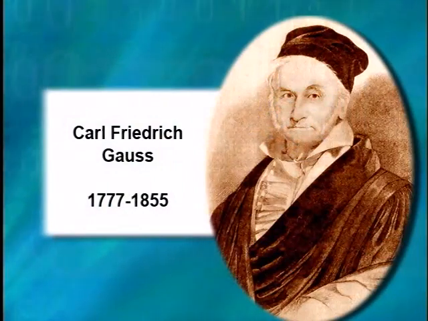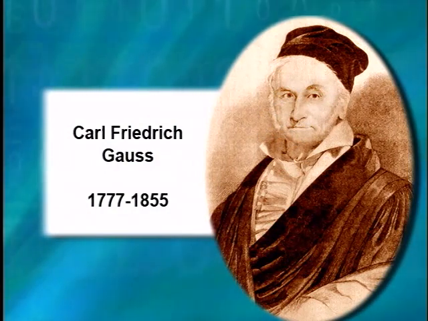The term Gaussian celebrates the famous German mathematician Carl Friedrich Gauss, who lived from 1777 until 1855. In 1801, he was a young man, and observations were taken of the first asteroid ever observed, the asteroid Ceres.